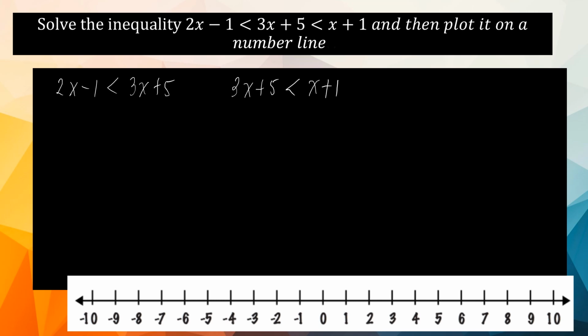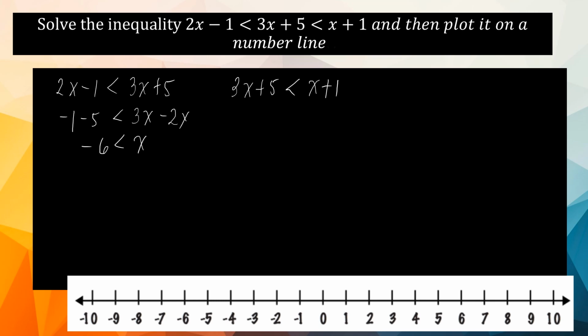I'll transpose 2x to the right side so that the x will be positive, and the 5 to the left side. This would become negative 1 minus 5 is less than 3x minus 2x. Simplifying, 3x minus 2x is x, and negative 1 minus 5 is negative 6.